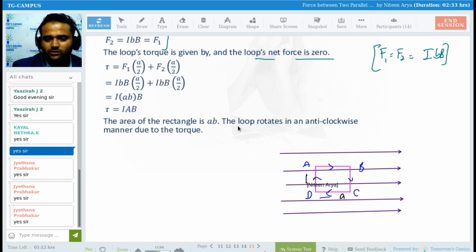This is your a, this is your b, and obviously that particular coil is going to rotate in this way. So the perpendicular length for this force, which color do I take now? This one. This is going to be a by 2, or this is going to be a by 2.